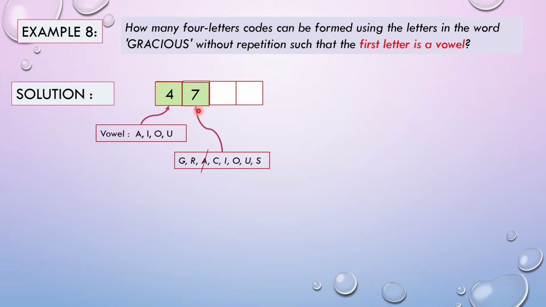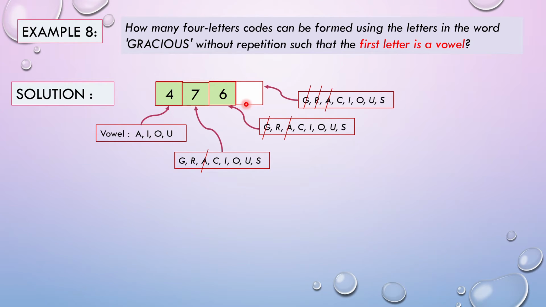And for the third box you reduce one more, therefore you have only 6, and then for the fourth box you have 5, because we have already chosen 3 letters. So only 5 letters are left to put in the fourth box.